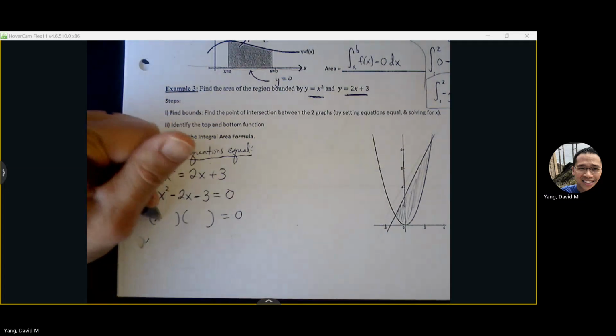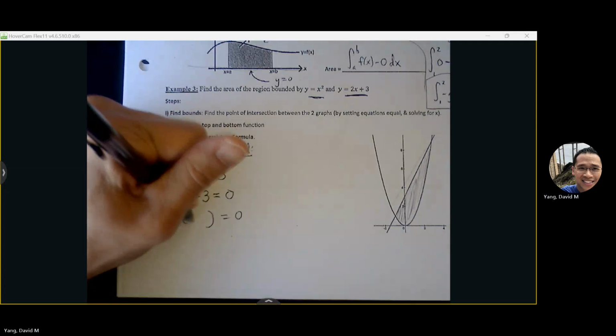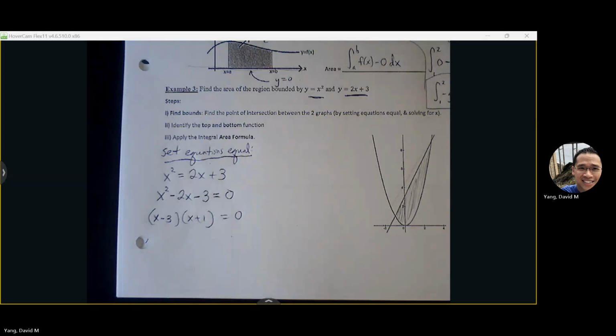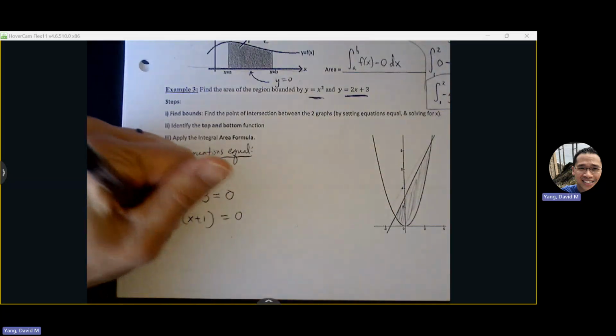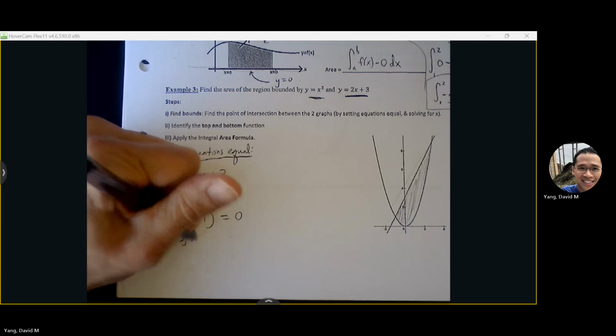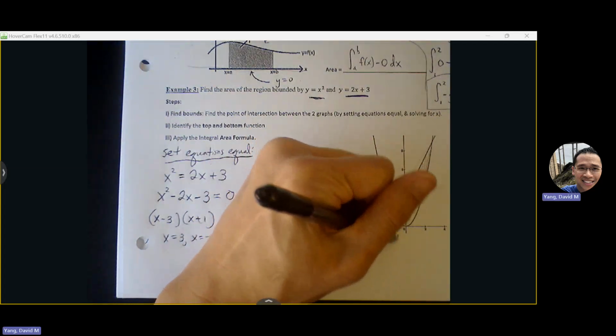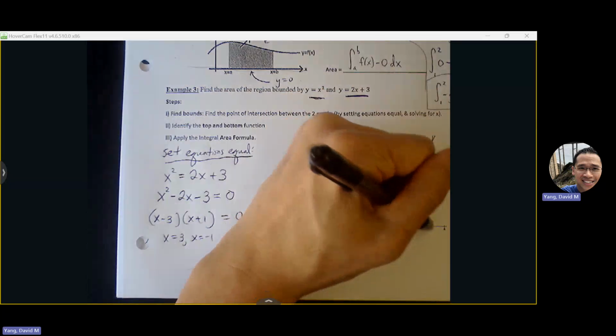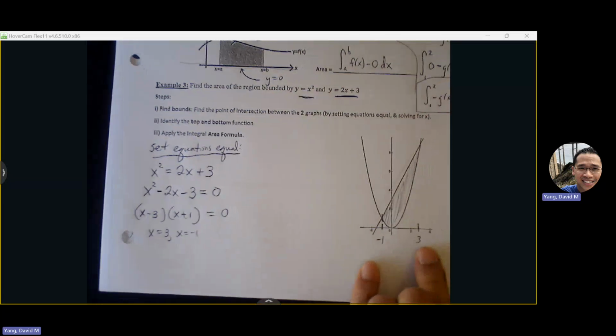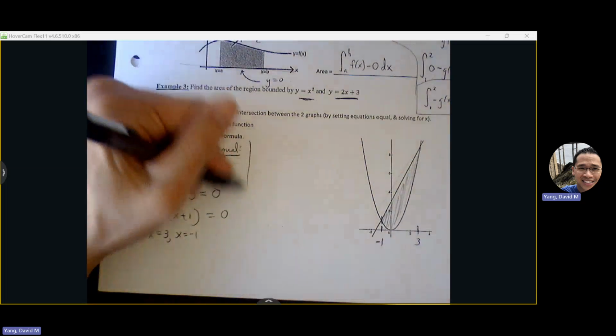So -3 and 1. Solve for x, we get 3 and -1. So that tells us we have one boundary being -1 and the other one being at 3. So those are our upper and lower bounds that we're going to be starting and ending in our problem.